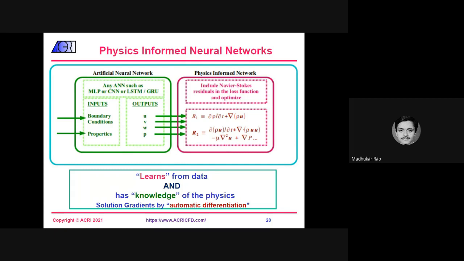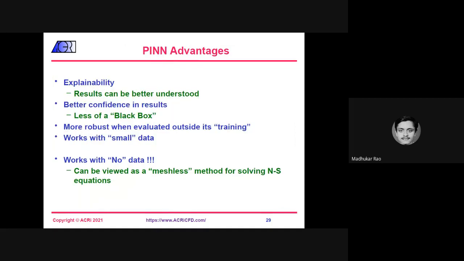And I think this will become one more method in CFD along with finite volume, finite element, and finite difference. I think this is going to become that way. And what are the advantages of the PINN, the physics-informed neural network? As engineers, I think we all like to work with stuff that we can understand, and we do not really trust black boxes.